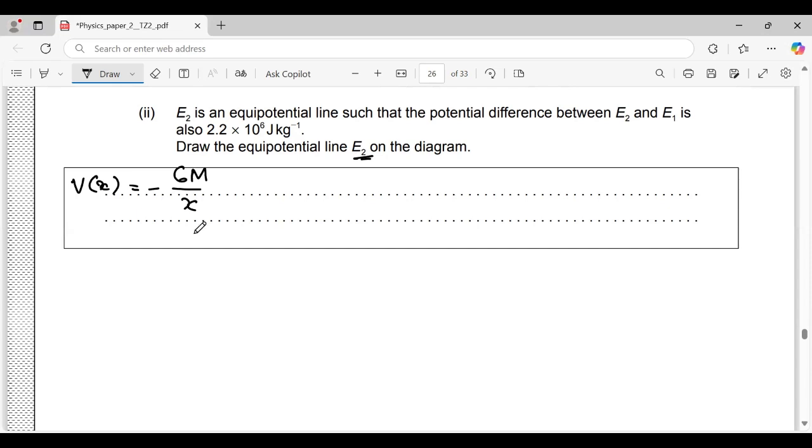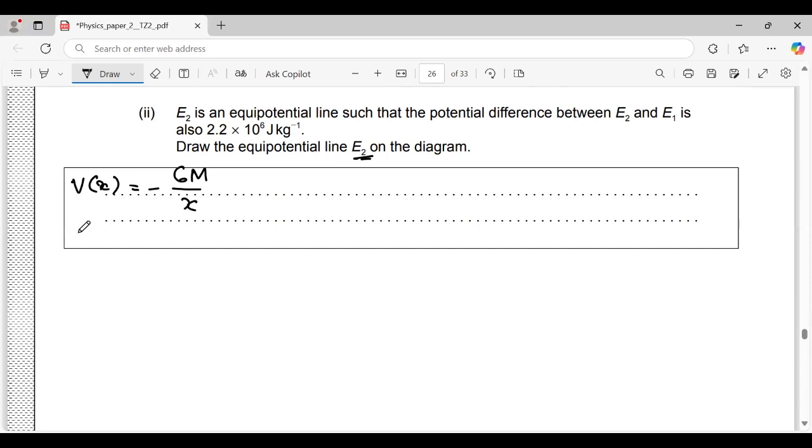So this G is the gravitational constant, M is the mass of the planet, and x is the distance from the center of the planet to E2, right?